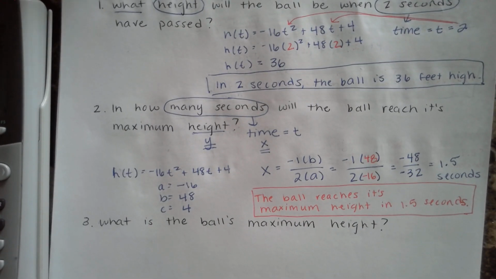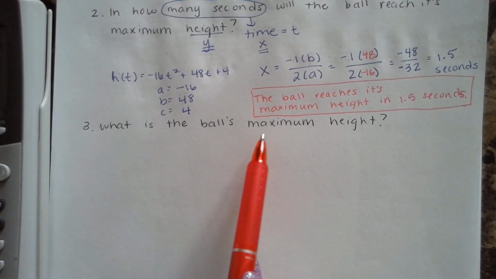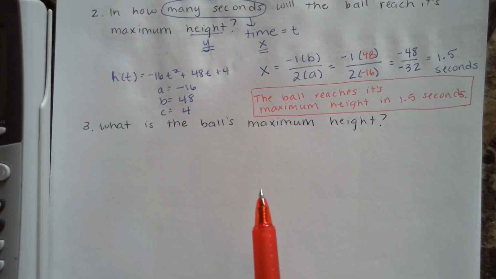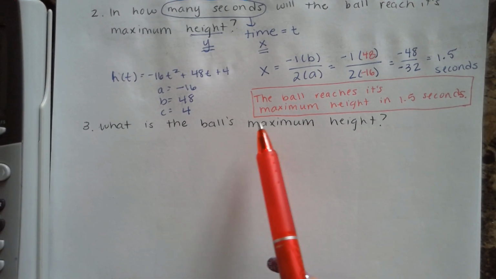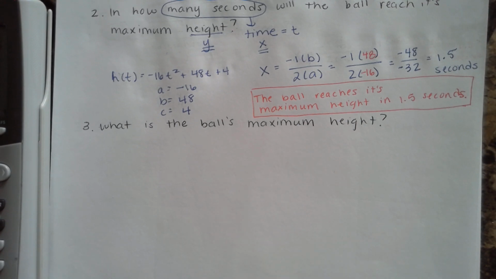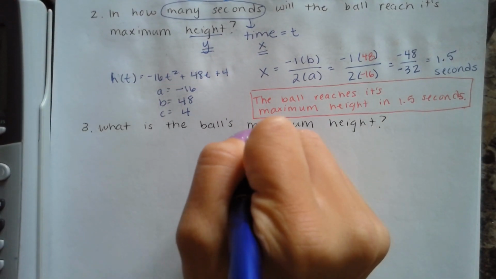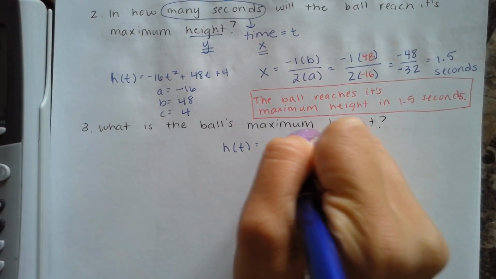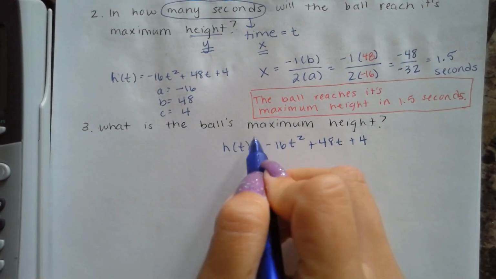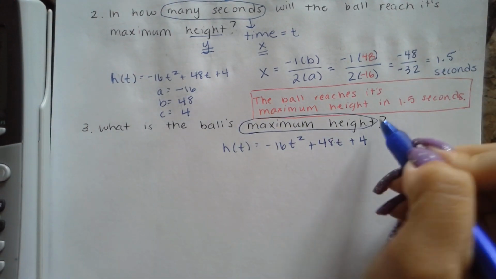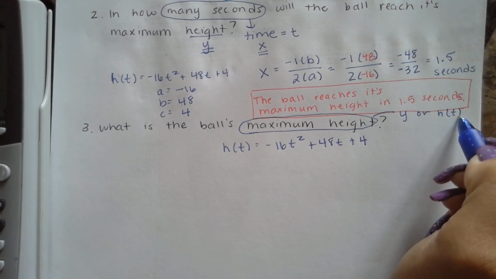Okay, let's look at the third question. What is the ball's maximum height? Now we know it reaches it in 1.5 seconds. Let's see, we know that the equation is h of t equals -16t squared plus 48t plus 4. Maximum height is going to be our y, or our h of t, right?